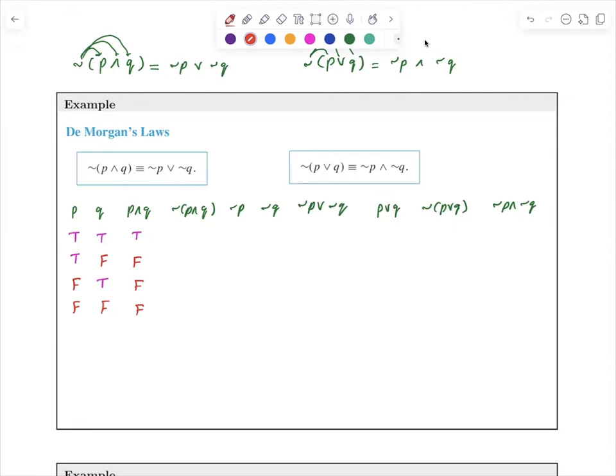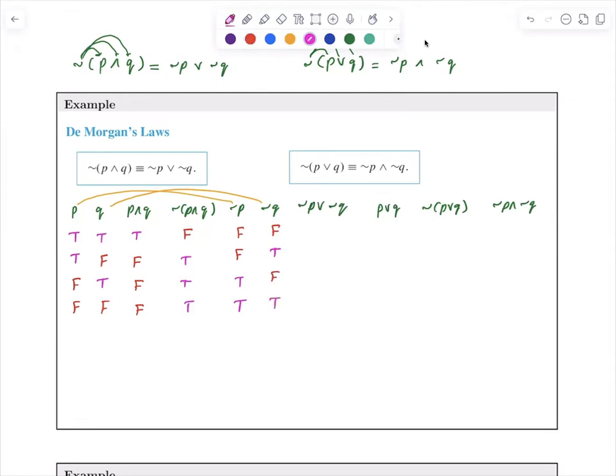Its negation: the negation of true is false, and the negation of false is true. Now we are looking at the negation of P, which becomes false, false, true, true. And then the negation of Q is false, true, false, true.